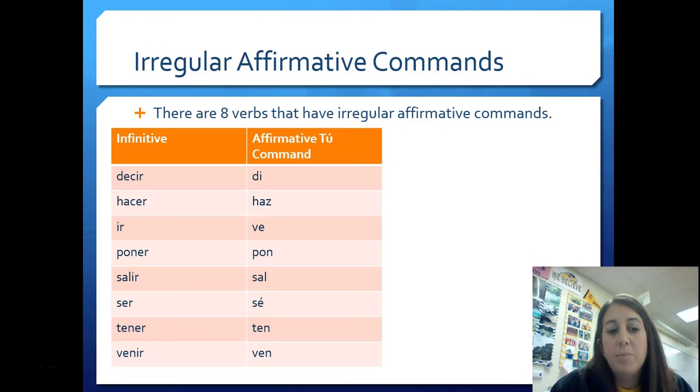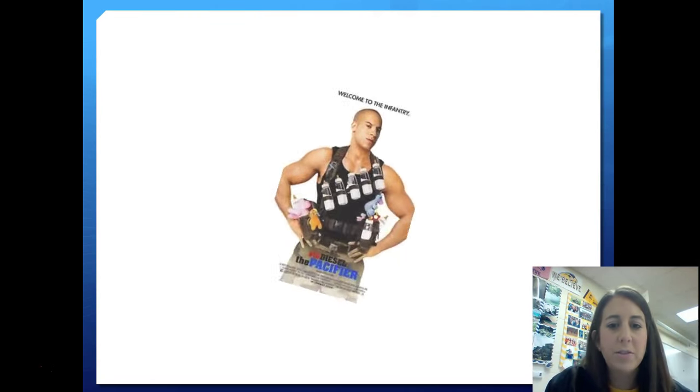It's important that you know what those verbs mean as well. They're very common, basic verbs. Decir, di; hacer, haz; ir, ve; poner, pon; salir, sal; ser, sé, with an accent; tener, ten; venir, ven.